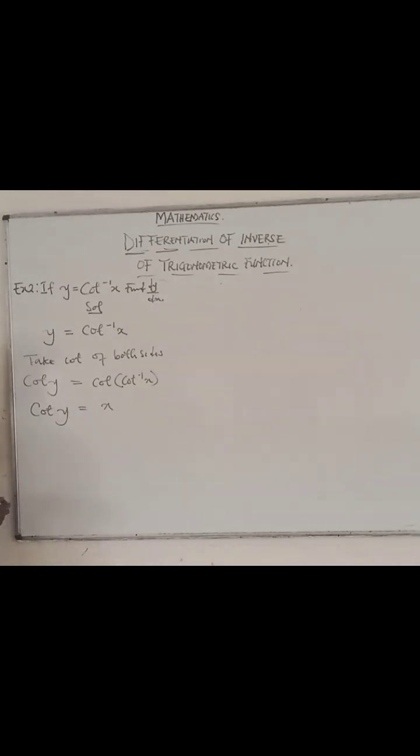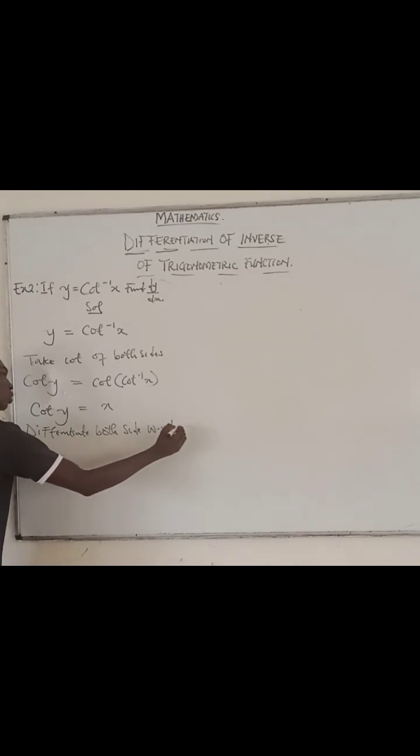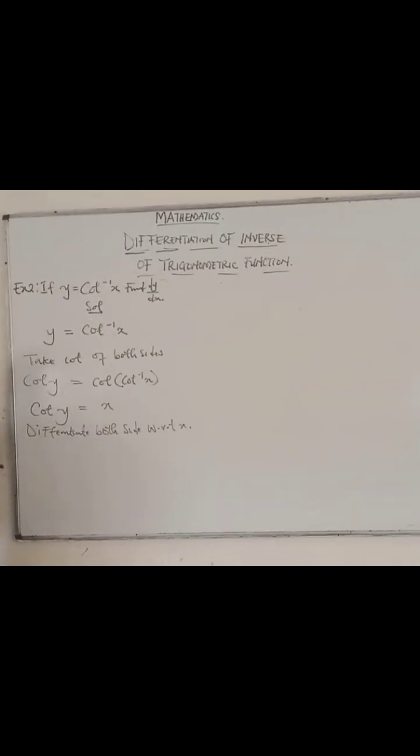Now you differentiate both sides with respect to s. If you differentiate cot y, you are going to have minus cosec square y dy/ds.